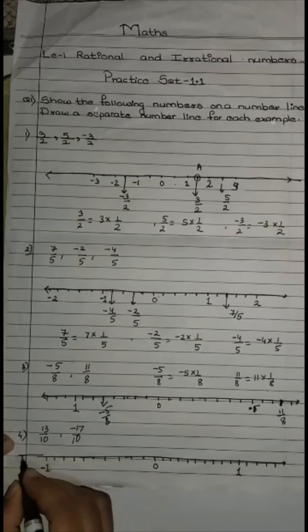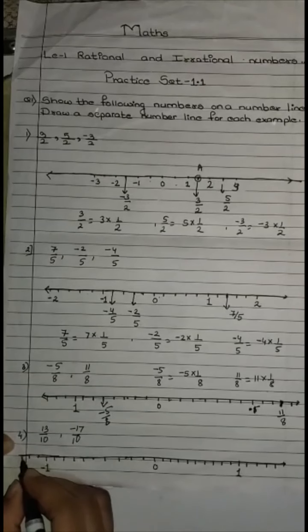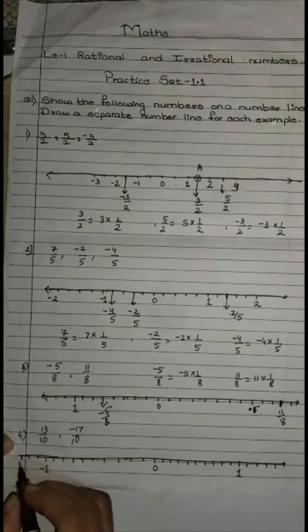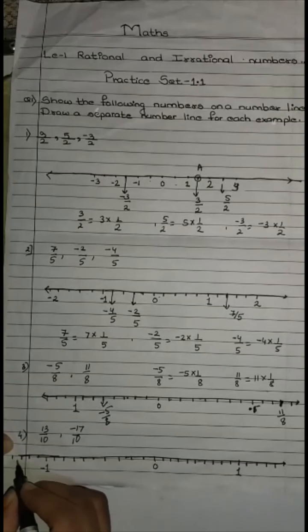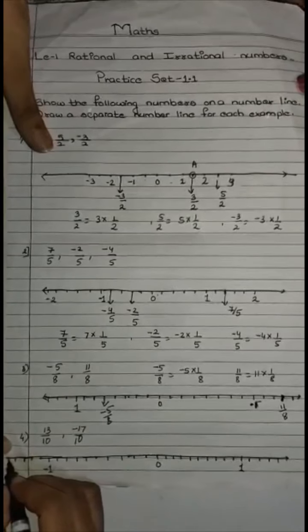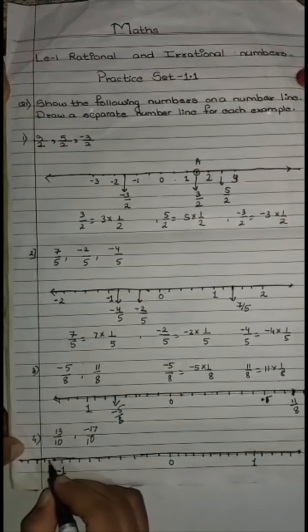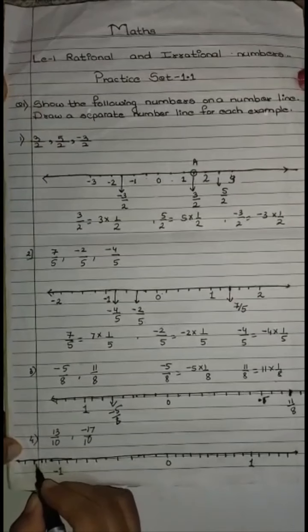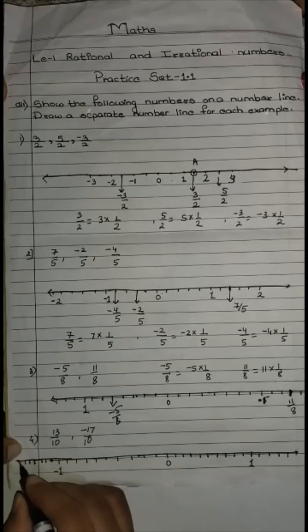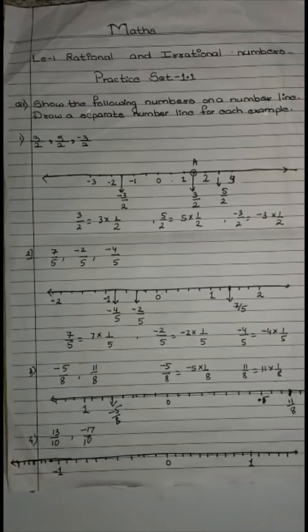Here you can move further. 1 2 3 4 5 6 7. Okay, this is your 7th point.